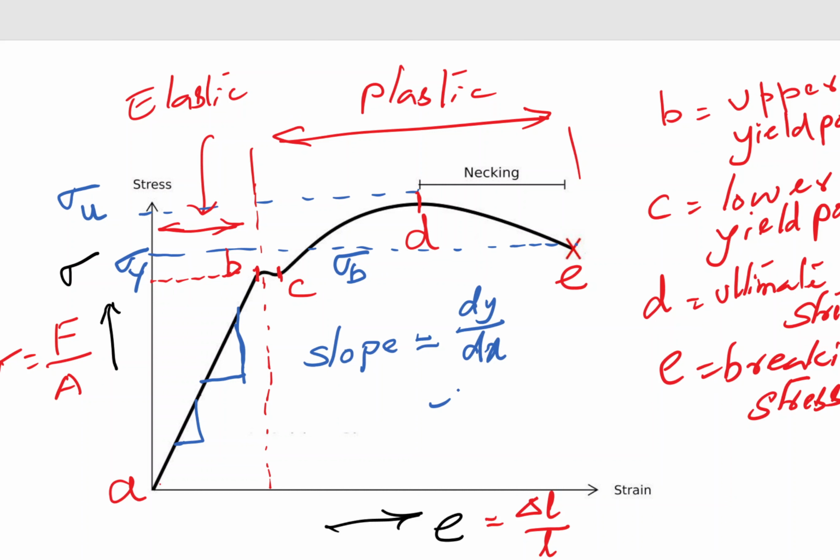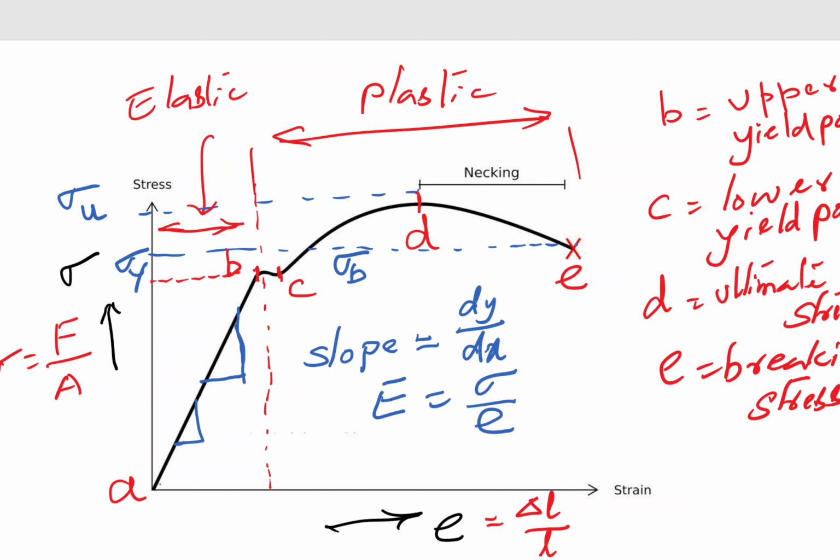What is dy? Dy is nothing but sigma. Dx is what? Strain. Okay. The slope I call as E, which is Young's modulus. Stress is proportional to strain, or I can say E is equal to sigma by epsilon. It is constant within the elastic limit.